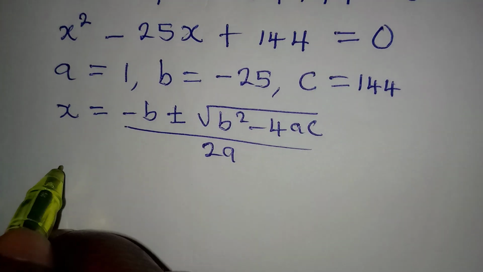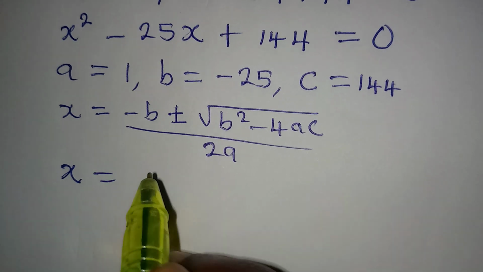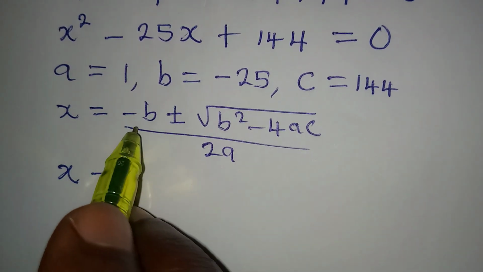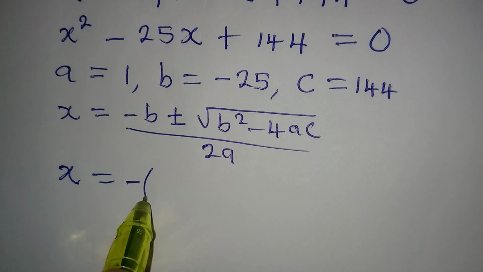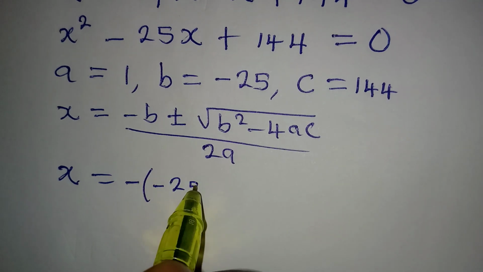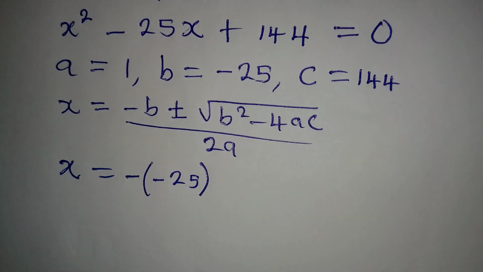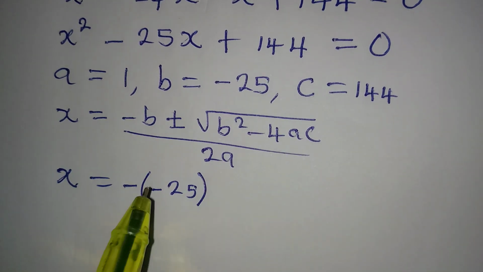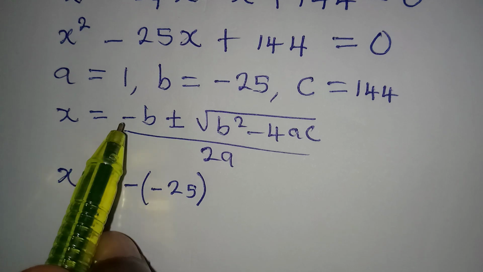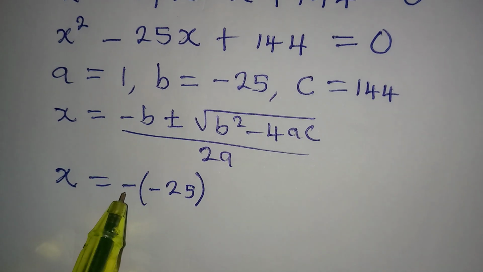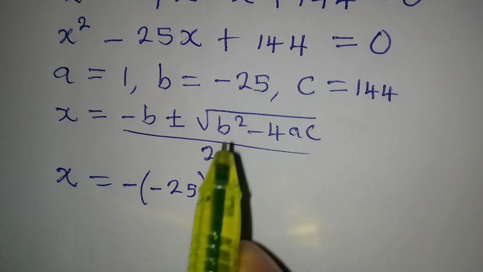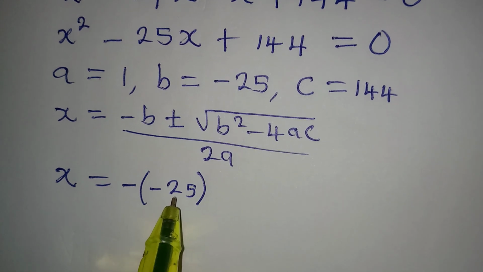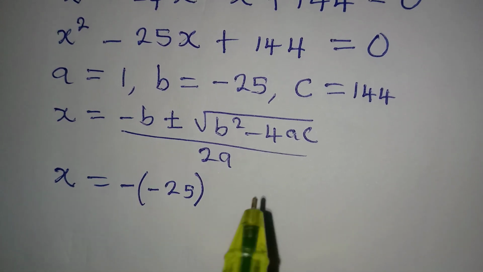Okay, so x is, in place of minus b, I'm going to have negative 25. Now, a lot of students will write just negative 25 here, and that will be wrong because we have negative in the formula, which is this, and then b itself is negative 25. So this has to appear twice.